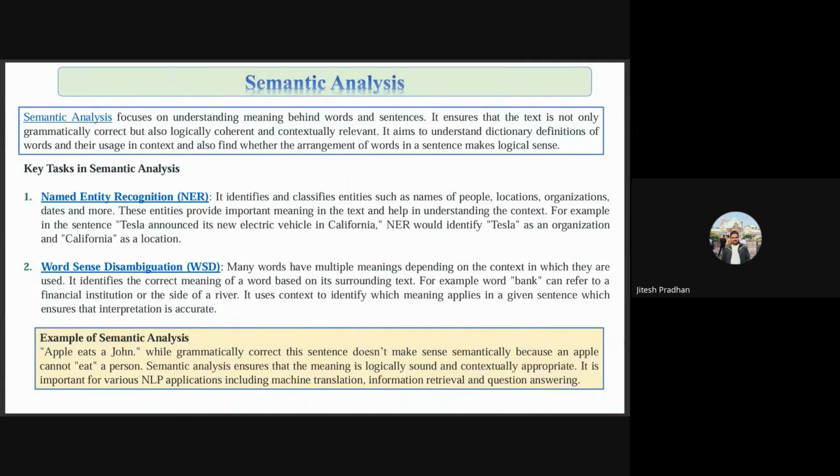Another example: the cat drank milk. Cat is an animal, drank is an action, milk is an object. So it is following the order SVO. That's why semantic analysis is very useful, and two key tasks in semantic analysis are named entity recognition and word sense disambiguation.